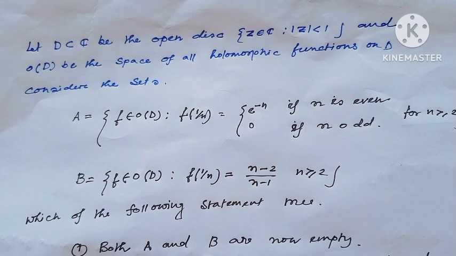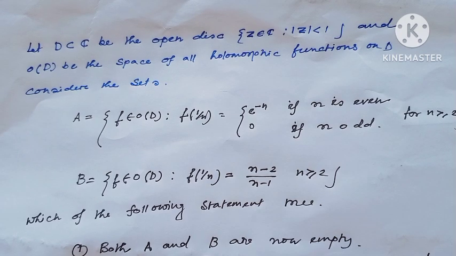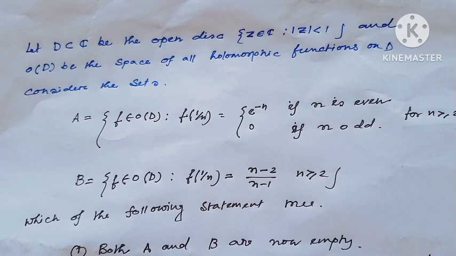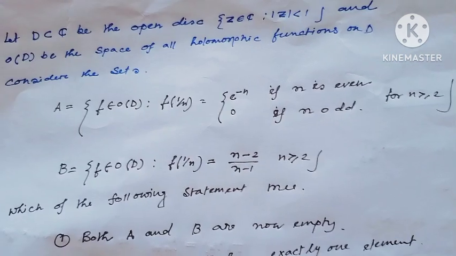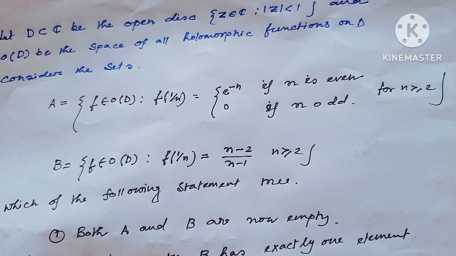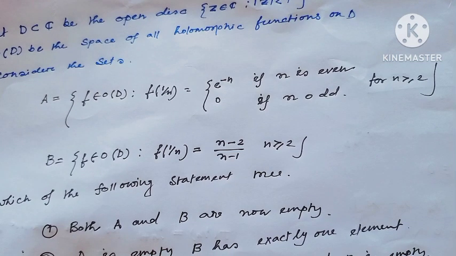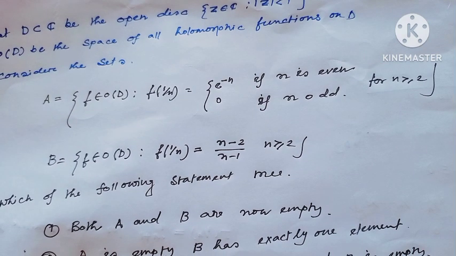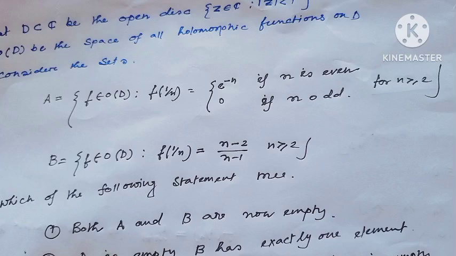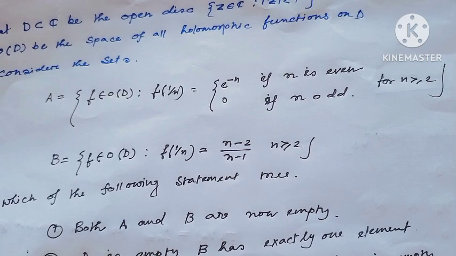The question is, let D be a subset of complex numbers, the open set of z belongs to C such that modulus of z less than 1, and O(D) be the space of all holomorphic functions on the set D. Then consider the set A equal to f belongs to O(D) such that f of 1 over n equal to e to the power minus n when n is even and 0 when n is odd. And this is true for n greater than or equal to 2.